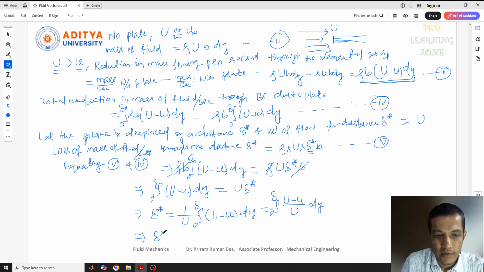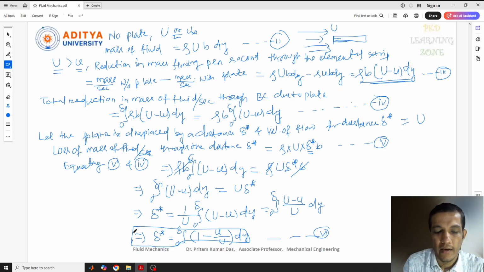To resolve this, we get delta star equal to integration 0 to delta, (1 minus small u by capital U) bracket close, dy. So this is the final equation. Here you can give equation number 6, and this is the equation for the displacement thickness.